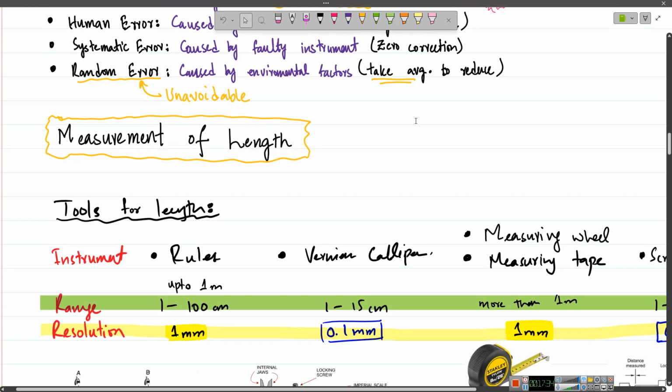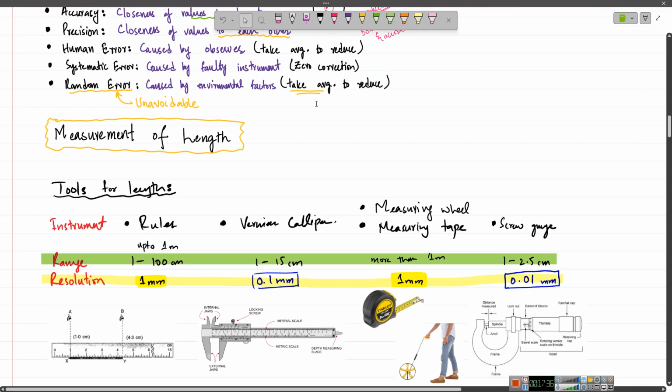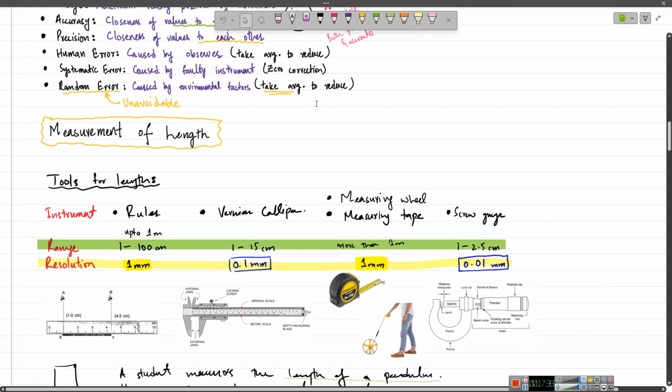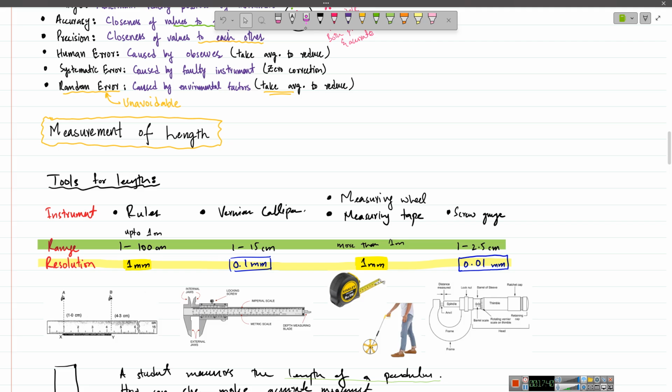Now in IGCSE courses, all of them, we have multiple instruments. We'll see one instrument in one qualification and one in the other, but generally I'm going to give the introduction to all of them, because they can ask you for any of these if they provide you a diagram.